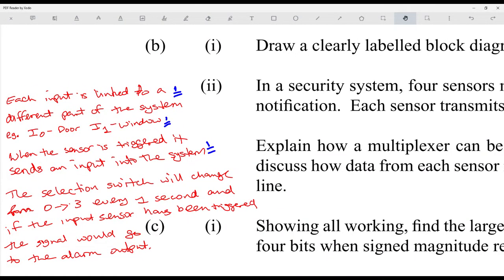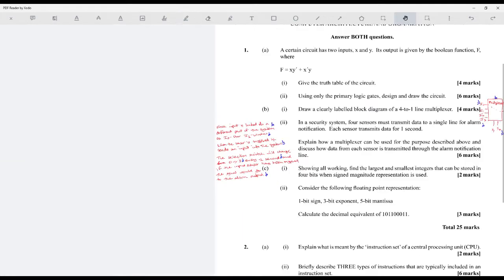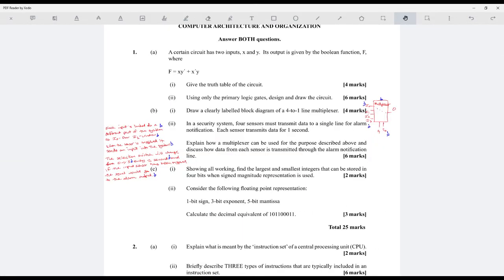The selection switch will change from 0 to 3. That's definitely one mark because you have to know that it's going to change from 0, 0, 0, 1, 0, 2, 0, 3. And every 1 second, it's going to check. And if it checks in that second and there is an input signal, then the alarm will go off.